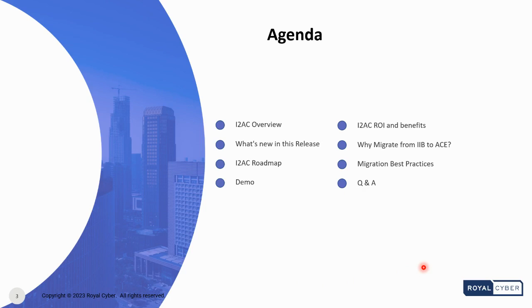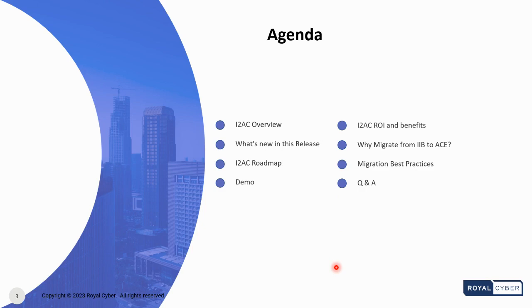So here is a quick look at the agenda. We will talk about what is I2AC and what the new features being released today are. We'll take a quick look at the roadmap for the next few quarters, and you will also get a chance to see I2AC in action as part of the demo. Then we'll look at some of the ROI and benefits of using a solution like I2AC.